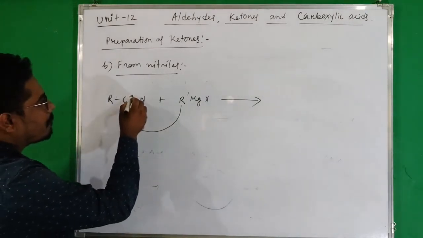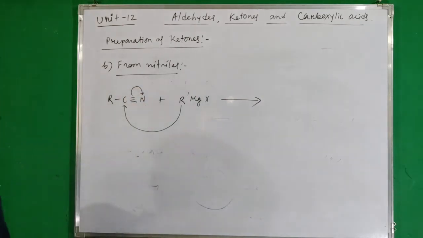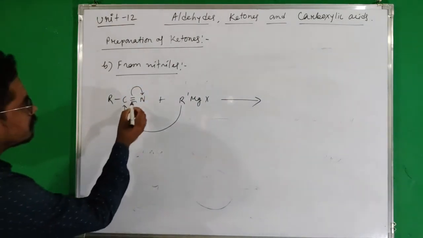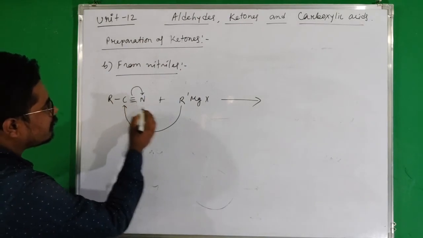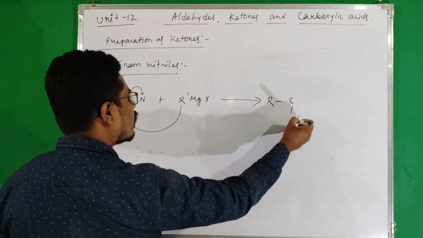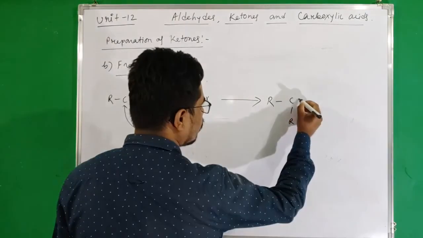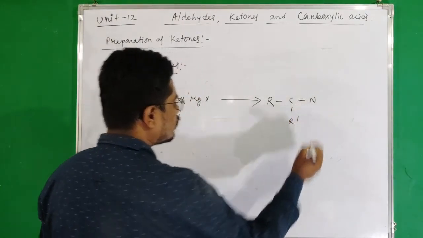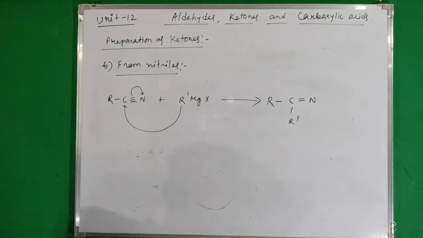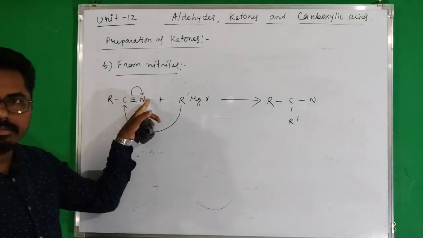Then one pair of electrons from this triple bond will move to the nitrogen atom. The product is RC, and the R' will attach with this carbon, and then we will have one carbon nitrogen double bond. Earlier it was a triple bond, but one electron pair has moved to the nitrogen atom.